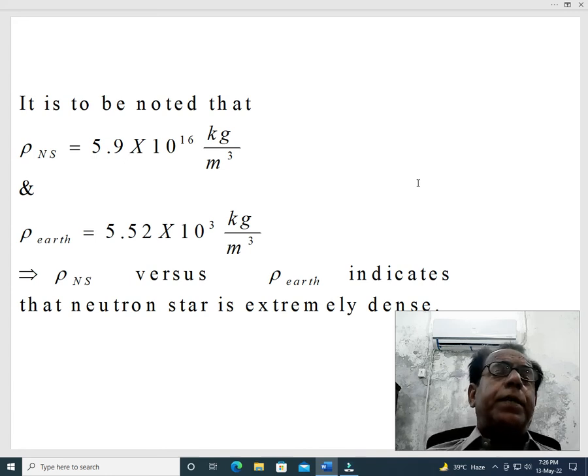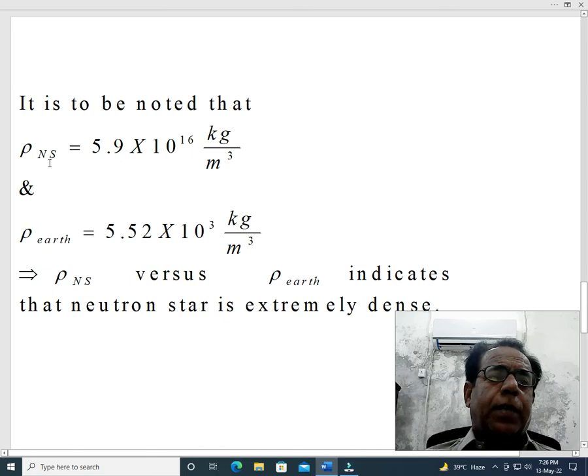It is to be noted that the density of the neutron star, that is rho ns, where ns is written as a subscript of rho, is equal to 5.9 into 10 raised to the power 16 kilogram per meter cube, and the density of the earth, that is rho earth, where earth is written as a subscript of rho, is equal to 5.52 into 10 raised to the power 3 kilogram per meter cube.